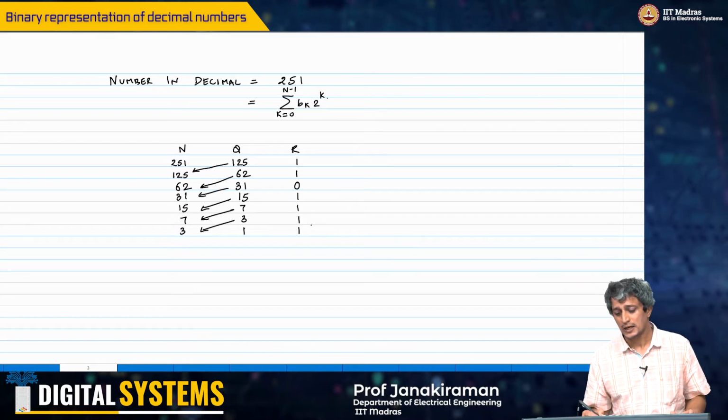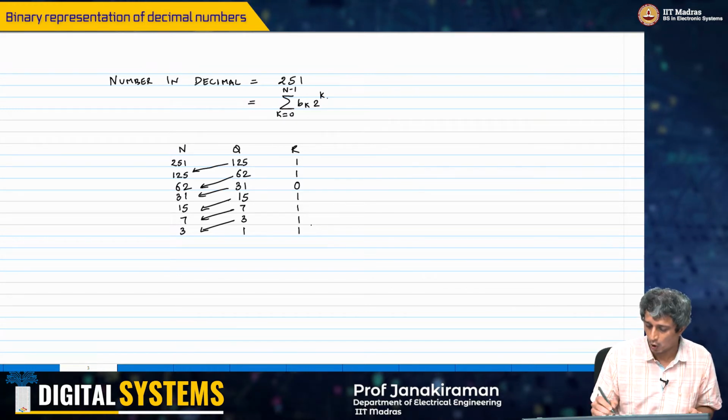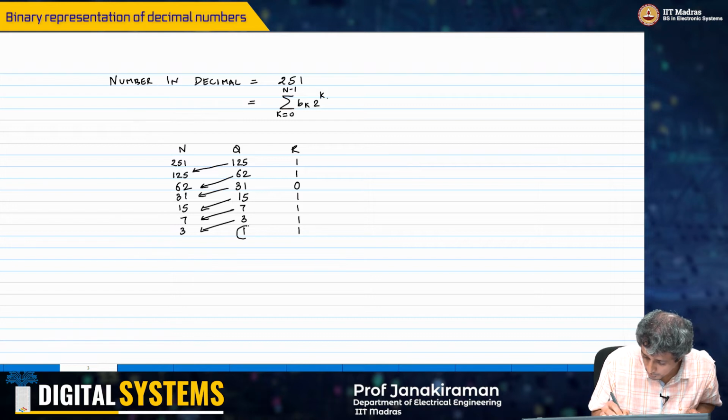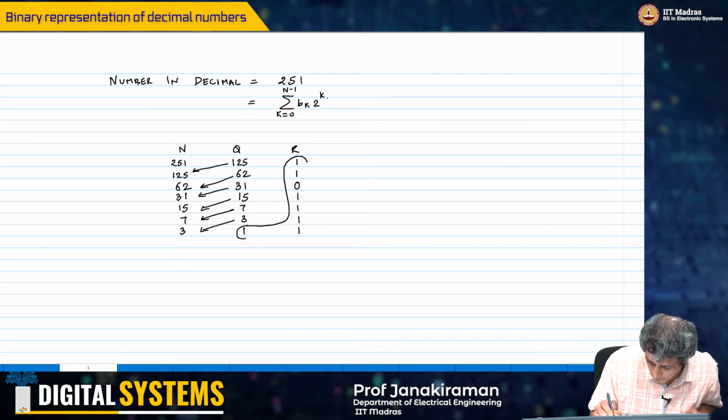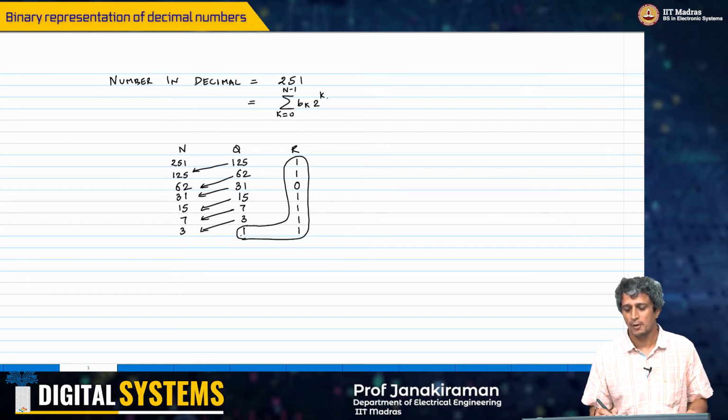So effectively, what we have now is the binary representation. All you have to do is group these bits. This is your binary representation of the answer.